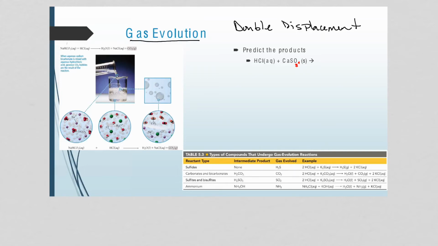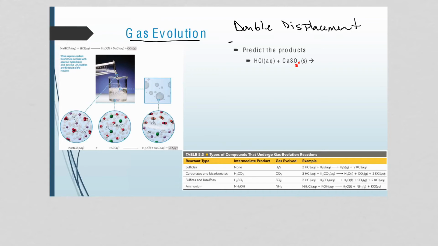And not unlike the precipitate reactions that we saw earlier, these are reactions where we have a reaction of an aqueous solution of an ionic material with, in this case, an acid to produce a gas along with other products.